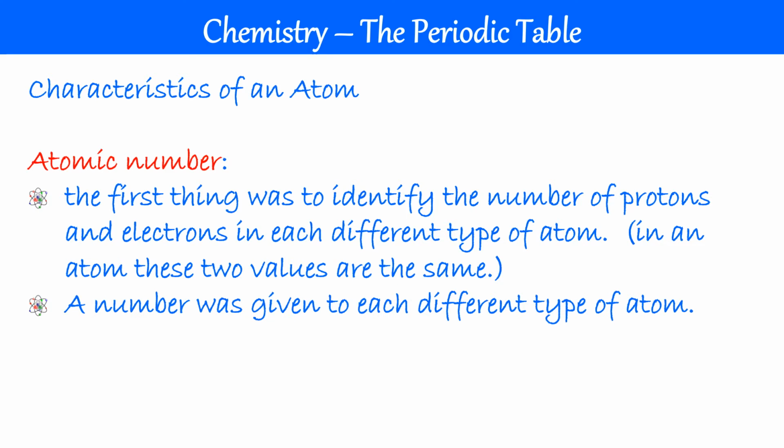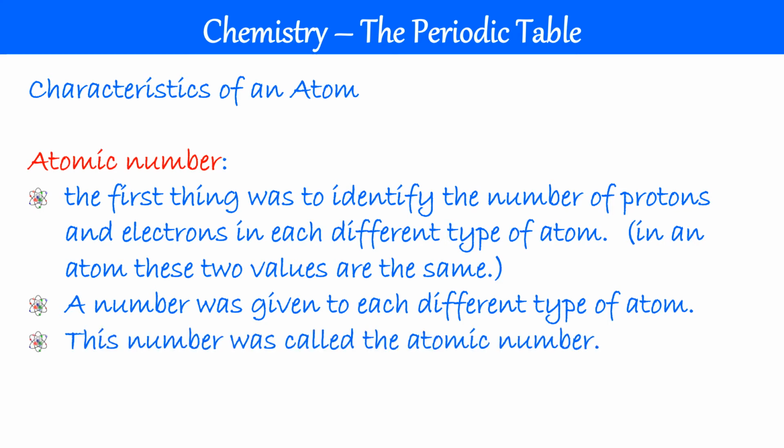Then a number was given to each different type of atom that indicated the number of protons or the number of electrons that it contained. Normally, we use the number of protons. And this number we called the atomic number.